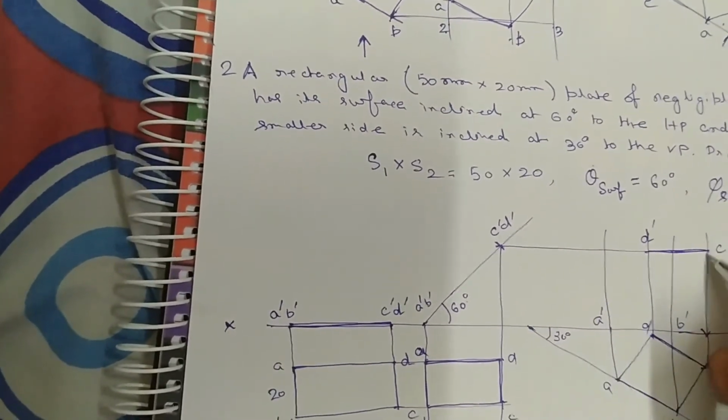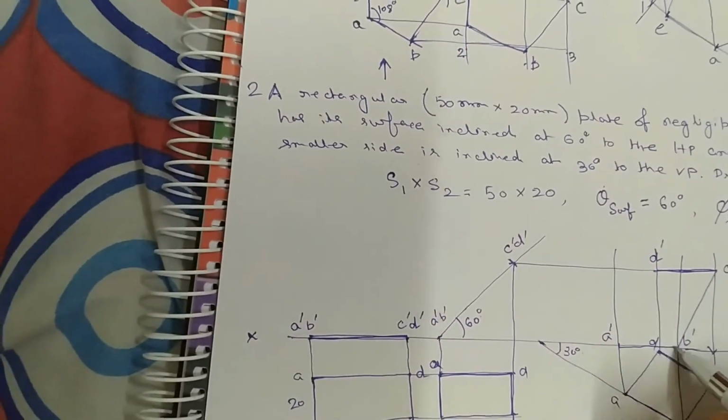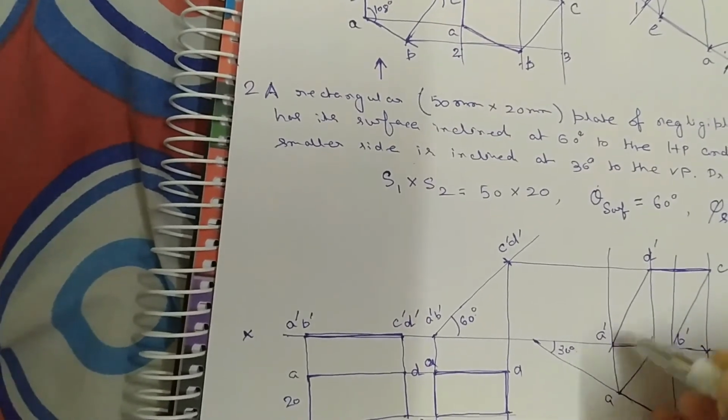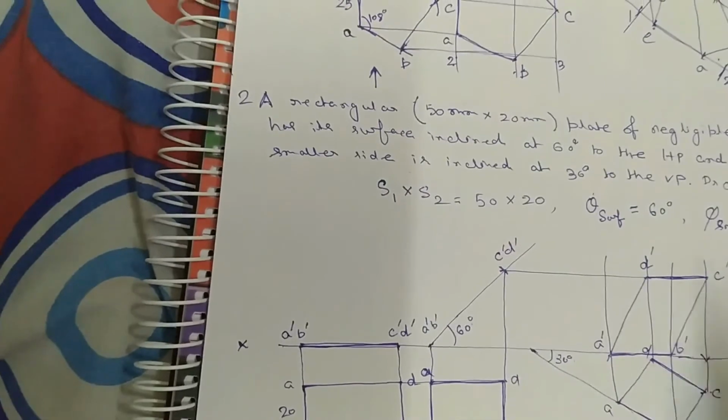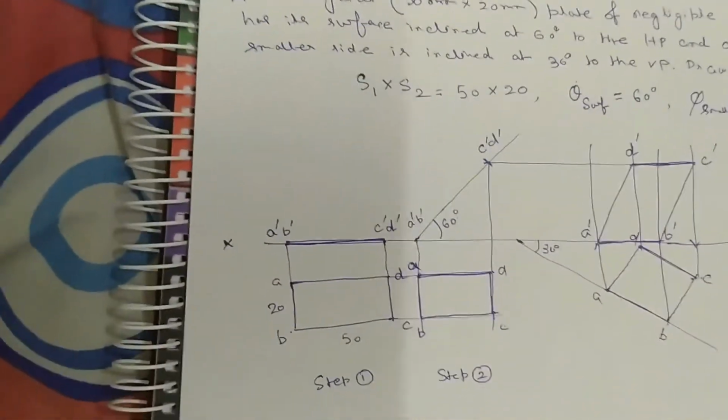So just join A, B, C, D, and you'll get the final front view.